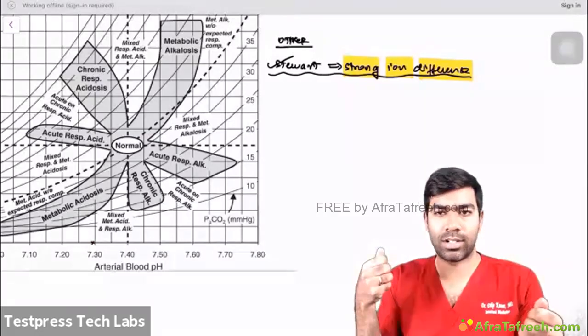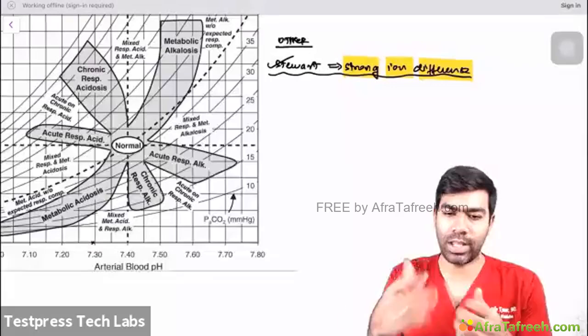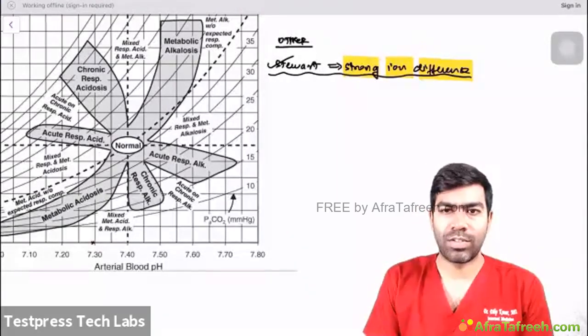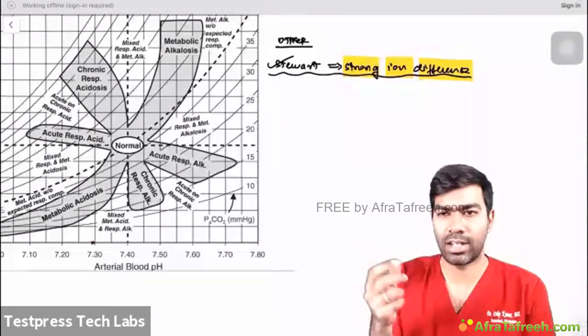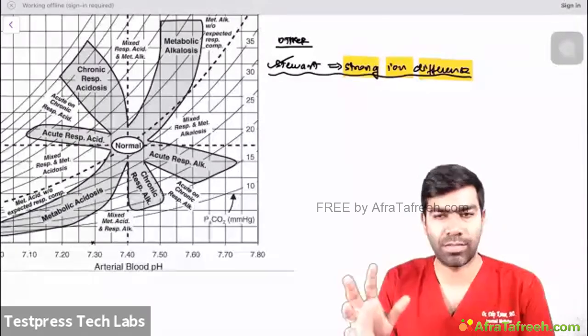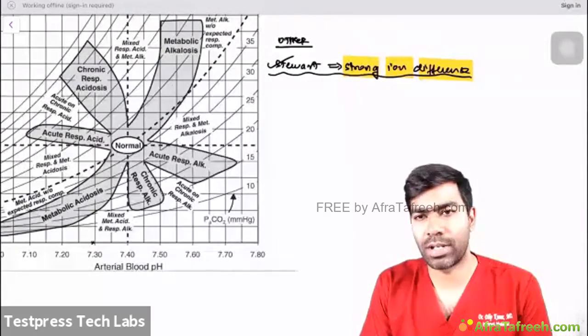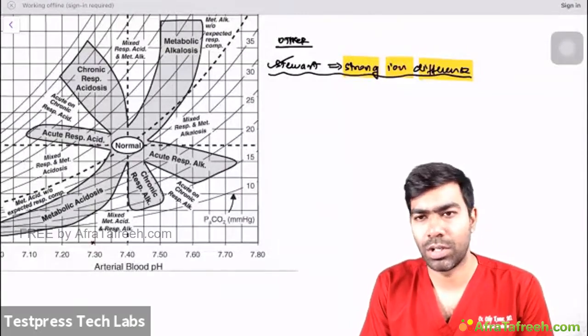Then flush the entire syringe with to-and-fro motion with heparin, then push all the heparin as much as possible out. Then draw the sample. Whatever heparin is sticking on the sides of the needle and the syringe wall is enough for ABG, arterial blood gas. But currently we have pre-heparinized syringes, so that doesn't make any sense.